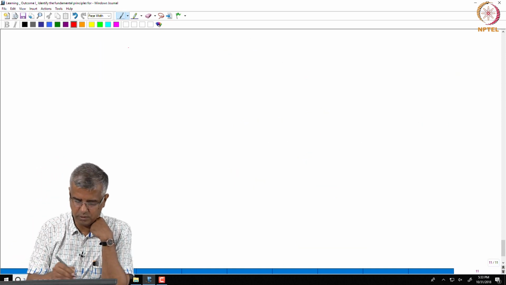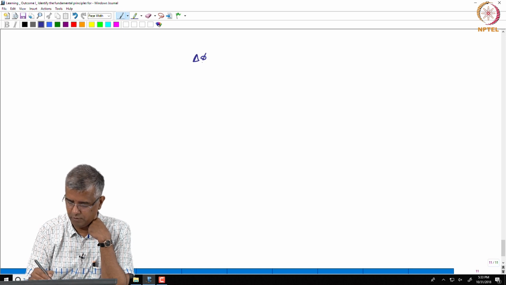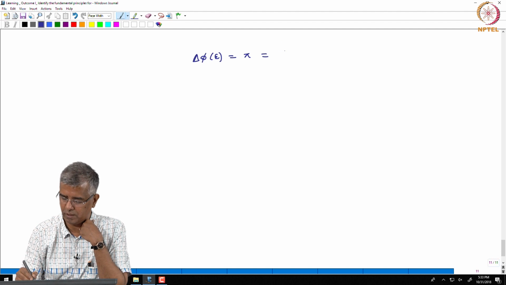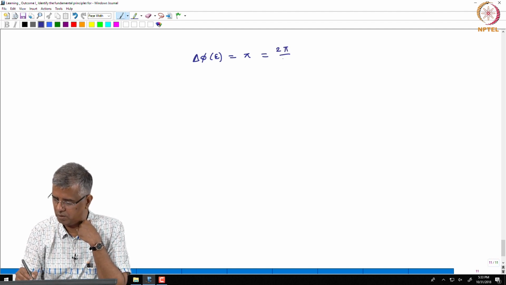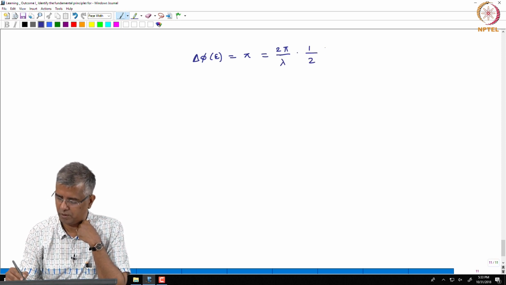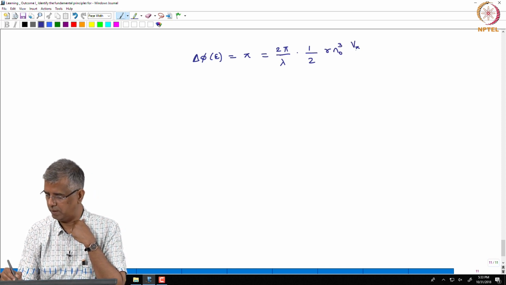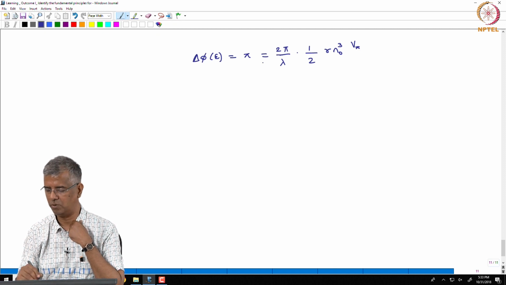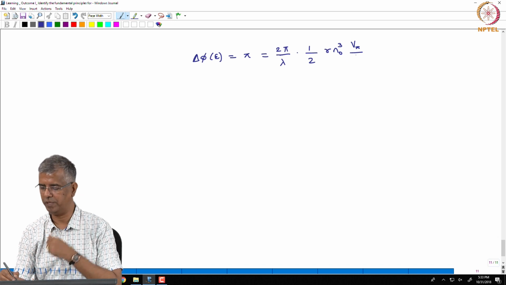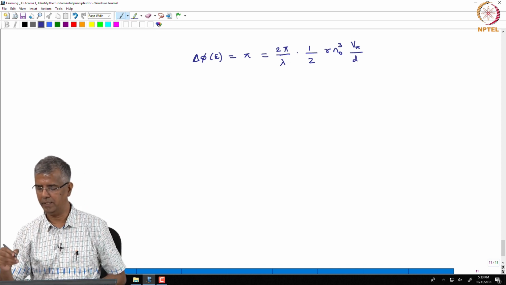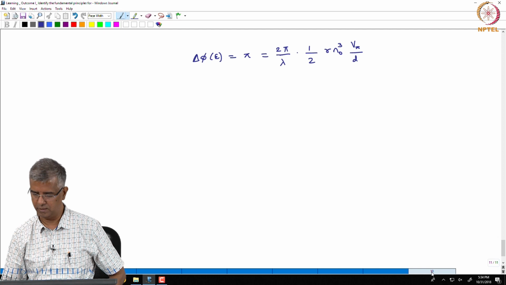So, what we want is delta phi of E to be pi, and delta phi of E is given by 2 pi over lambda multiplied by 1/2 of R n0 cubed. This particular voltage that gives me pi phase shift, I will call that V pi. So, that electric field is V over D. What is D?